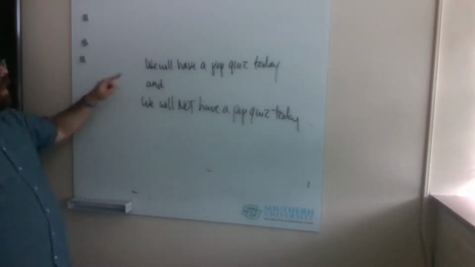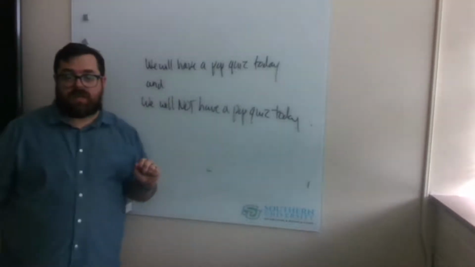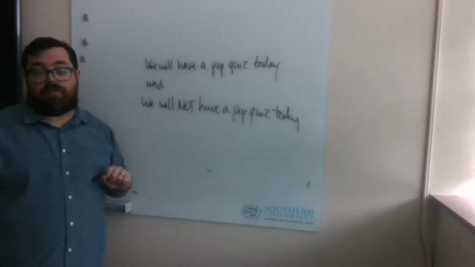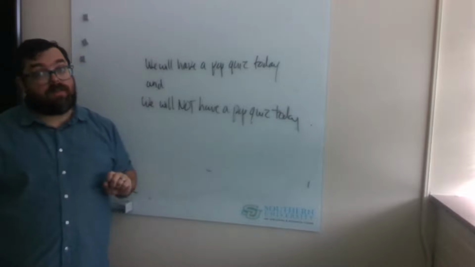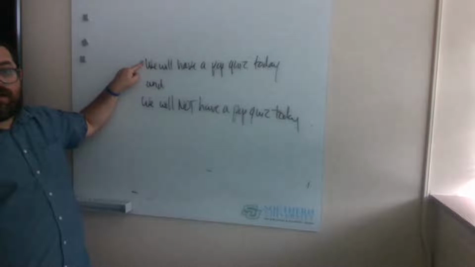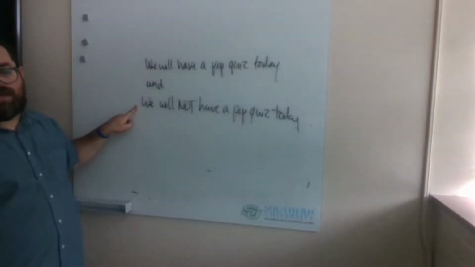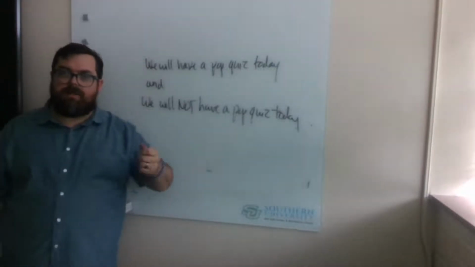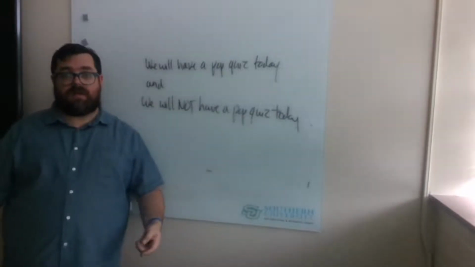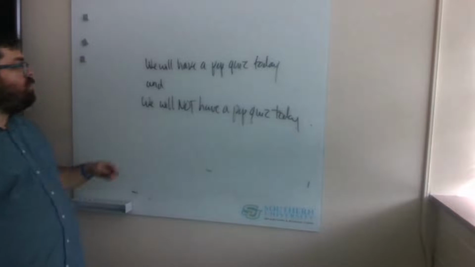But a contradiction is that these two statements cannot both be true or false at the same time. So if this one is true, then this one must be false. So really, it's being utterly inconsistent with an and. It's really what it is.